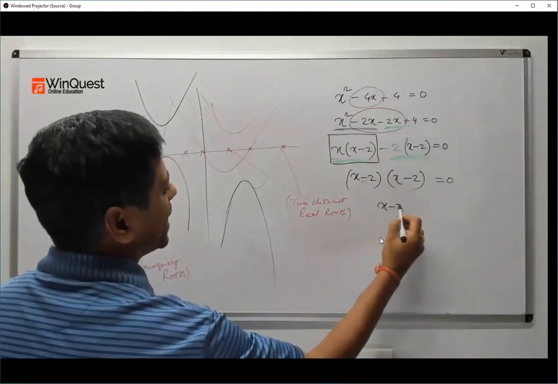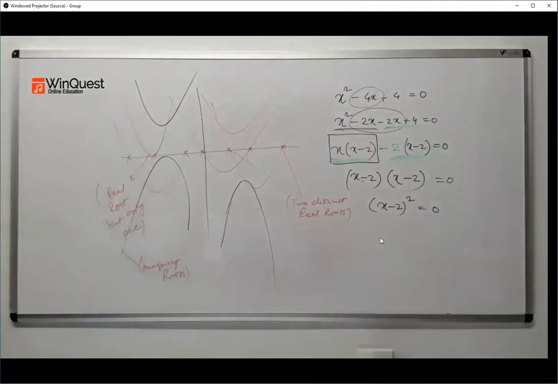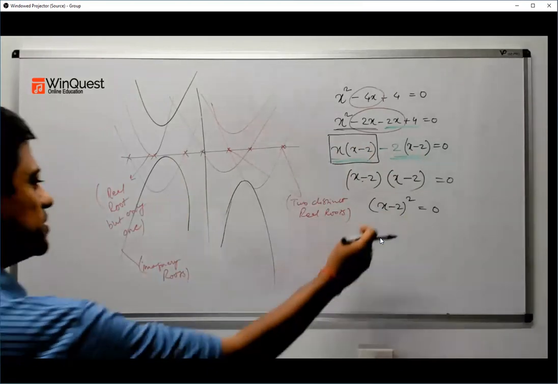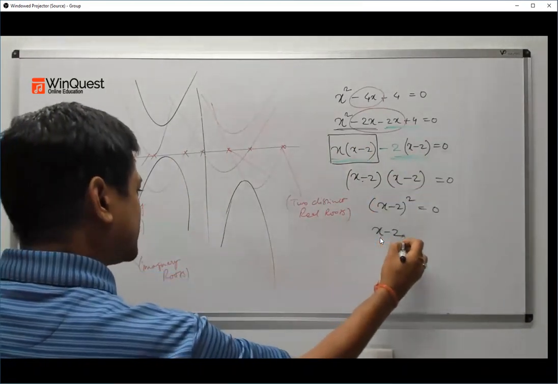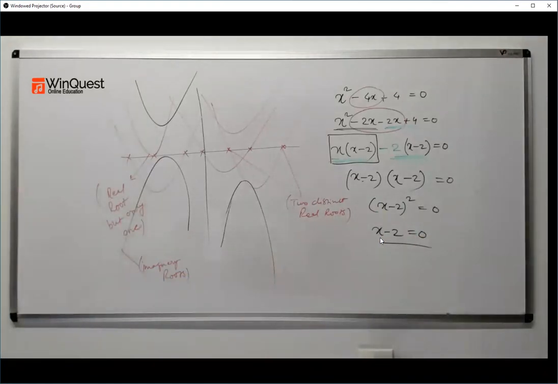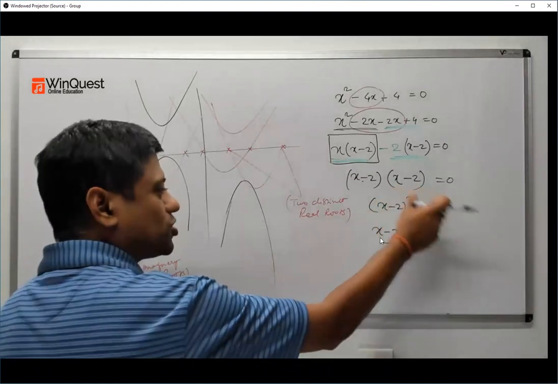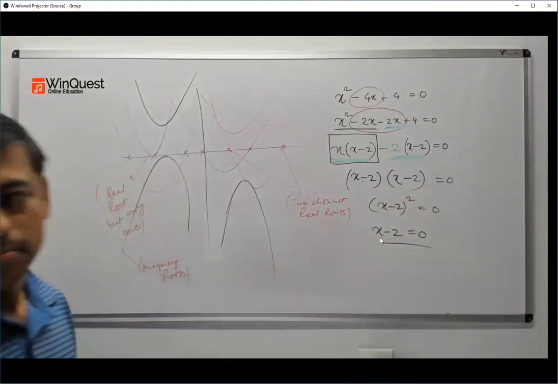So it becomes x minus 2 whole square equals 0. If something to the whole square equals 0, does it mean that this itself equals 0? Yes. Something whole square equals 0, then this term itself should be 0.